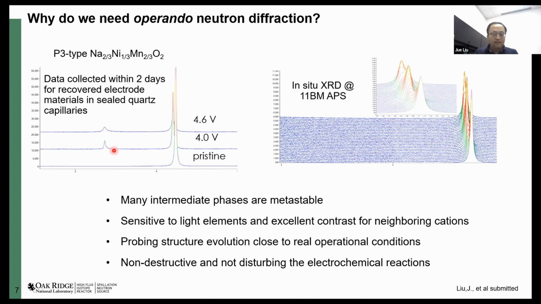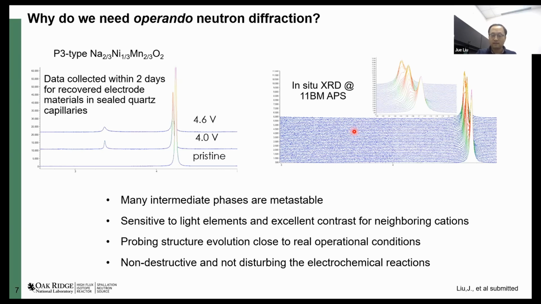And then if we do an in situ diffraction study on an in situ cell, you will immediately notice there are only two phase transitions at different stages. Take one third of the sodium out, then another third of the sodium out of the system, but there's no such peak here.